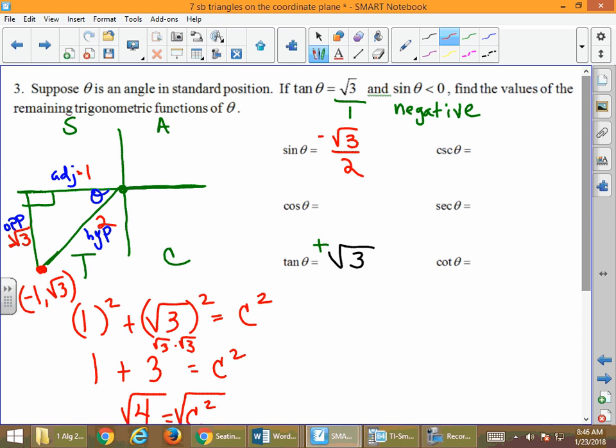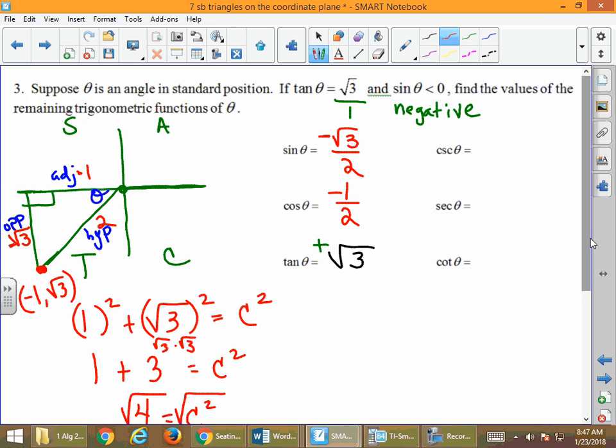So this is going to be the square root of 3 that's negative, divided by 2. Now that I have all the signs correct, we'll get the rest of them fine. Cosine is the adjacent divided by the hypotenuse, so this is going to be -1/2. We already have the tangent.